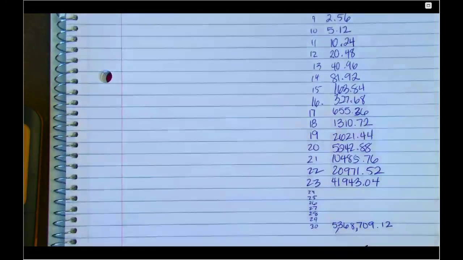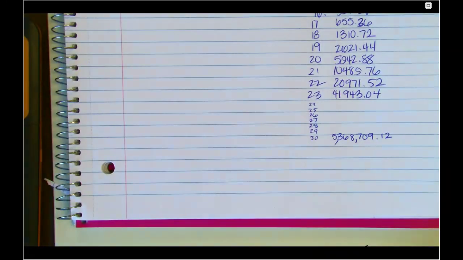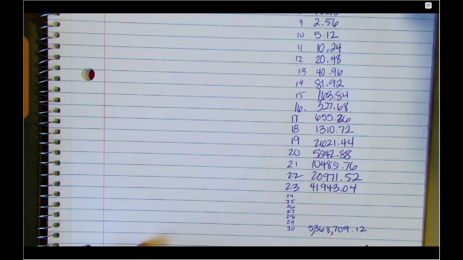Anyway, let's be real. You just got $5 million. What does the other group have? 30,000. So in this situation, you just have to be patient through the small numbers, and eventually they get really large.